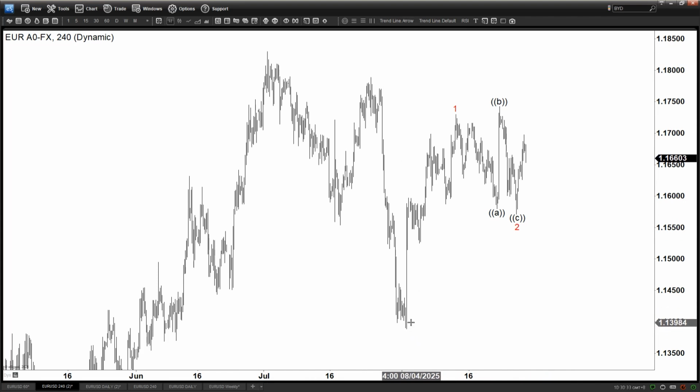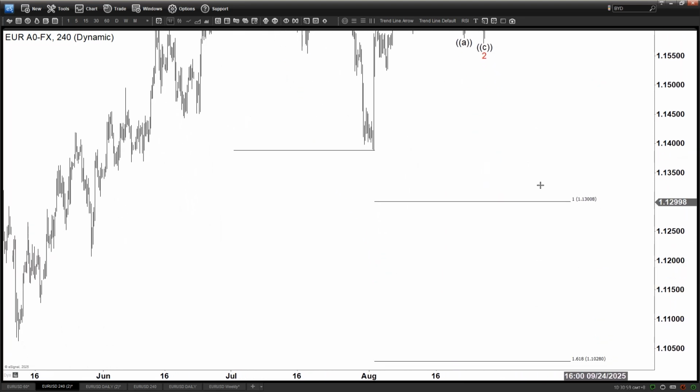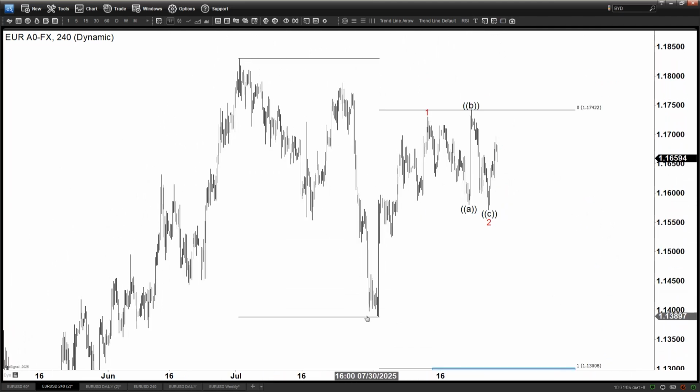Now if it breaks below this low, it's going to be doing a much bigger double correction like this. So that will be your first leg, that will be your second leg. But if it breaks below here, let's assume the worst case scenario, the right side is still bullish. Why? Because this leg is 3 waves, which is not really bearish. It's just a bullish structure here. So if it does this, it will most likely find support at the next 100% extension area, just because this leg here is corrective.